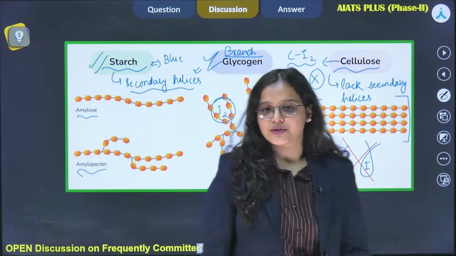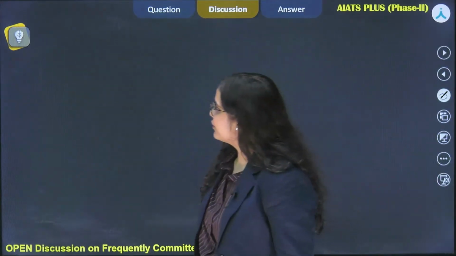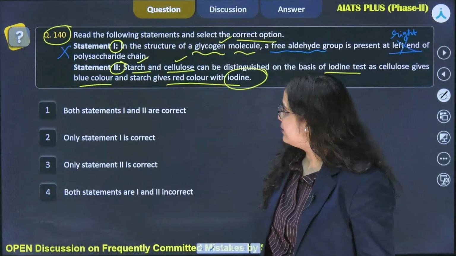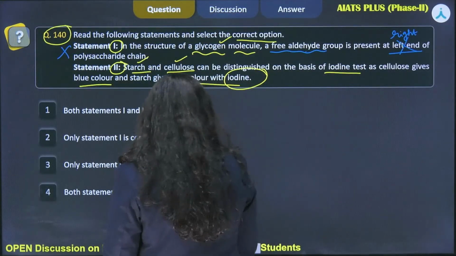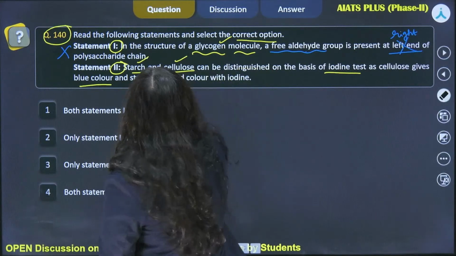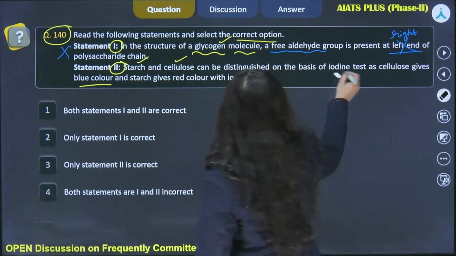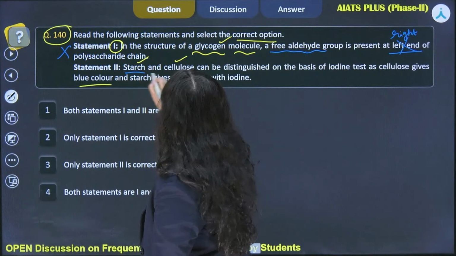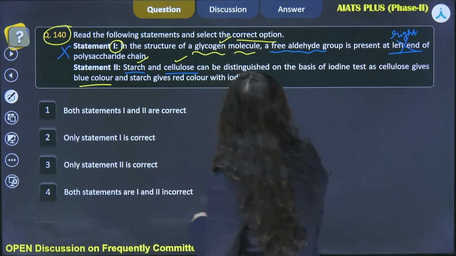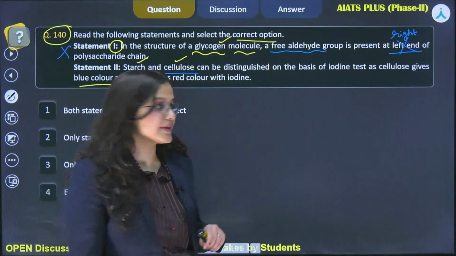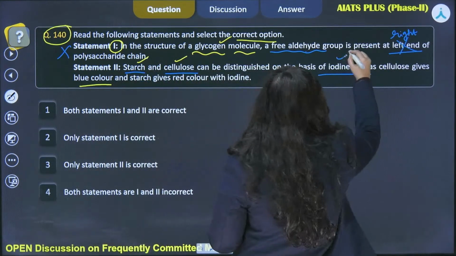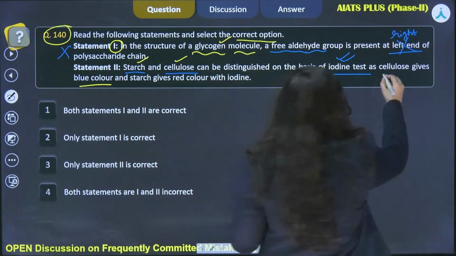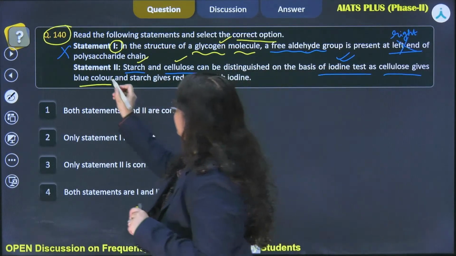So now we go back to our question to figure out whether it is correct or not, and let's read it again. We can see that it is written that starch and cellulose can be distinguished on the basis of the iodine test, which is absolutely correct, as cellulose gives blue color.